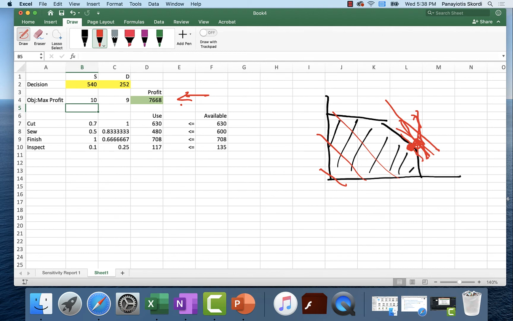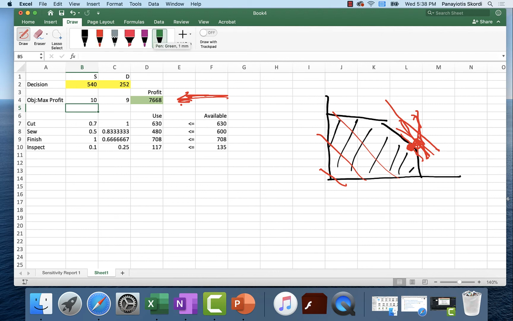There's a possibility, though, that if my contour line was different, so if I actually changed, say, my profitability up here, if I changed it in such a way, let's change the color on this, let's do it in green.